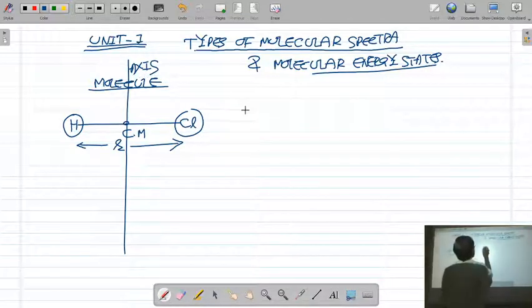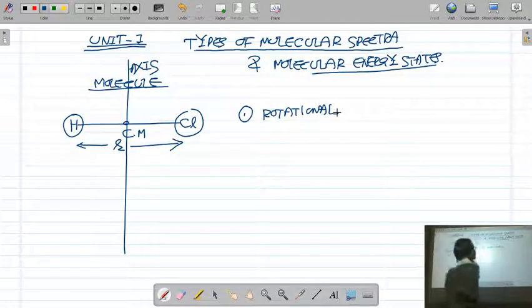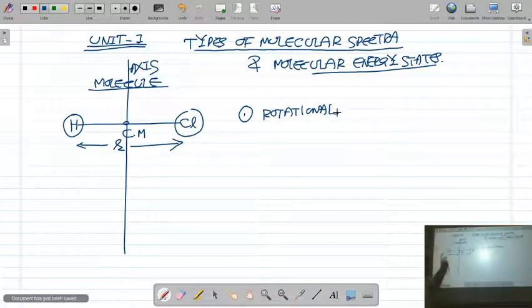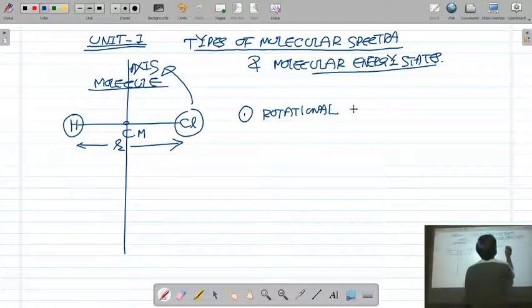One is the rotational motion. The molecule is rotating about an axis passing through the center of mass. Due to the rotation of the molecule, the rotational energy level of the molecule is going to change. As a result, it will give rotational spectra.